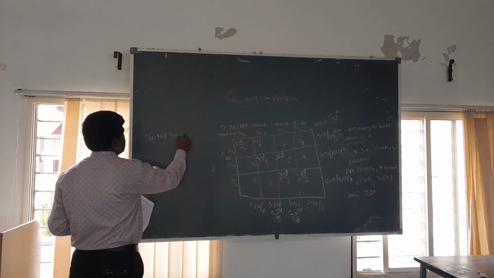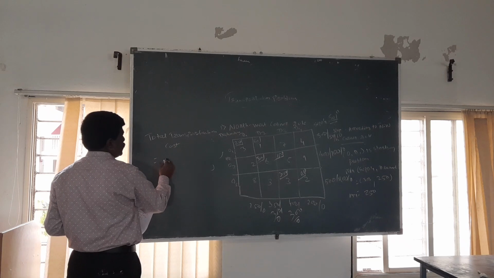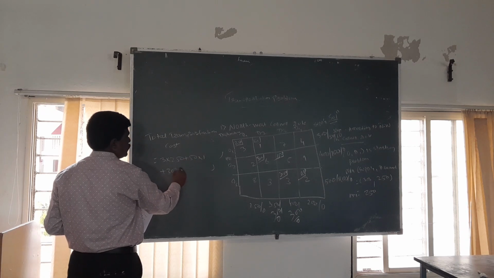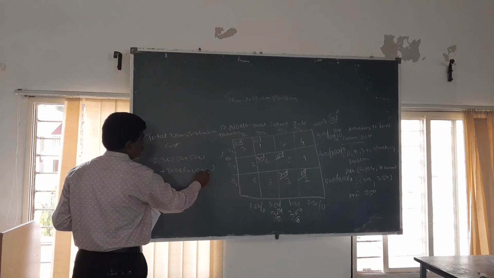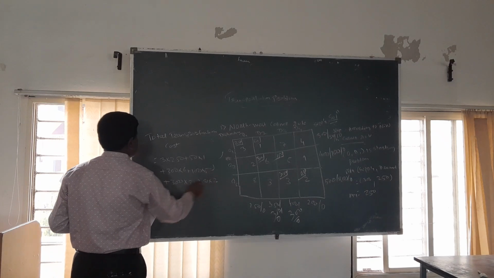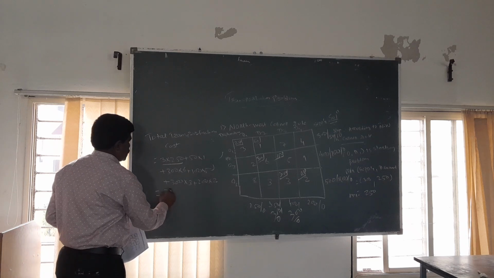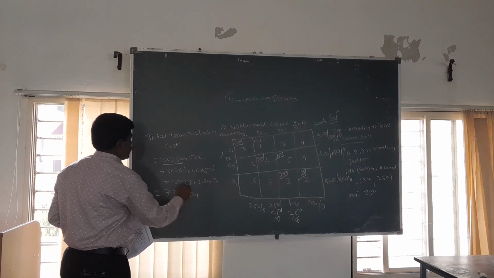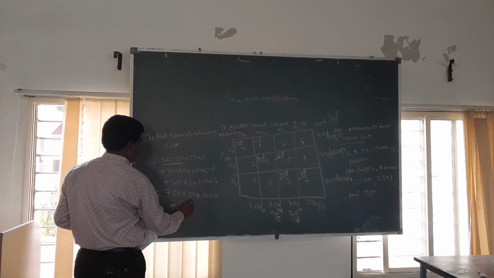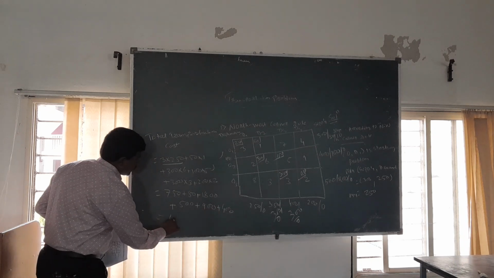Total transportation cost is equal to 3 into 250 plus 50 into 1 plus 300 into 6 plus 100 into 5 plus 300 into 3 plus 200 into 2, which is equal to 750 plus 50 plus 1800 plus 500 plus 900 plus 400, which is 4400.